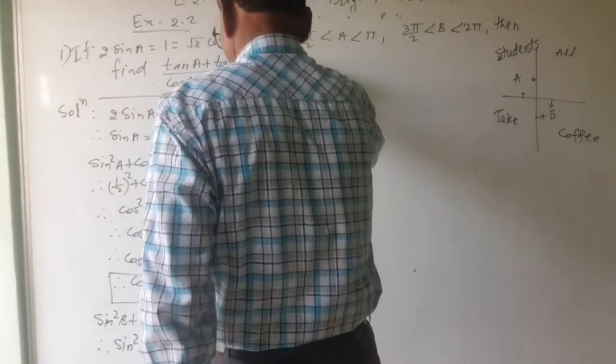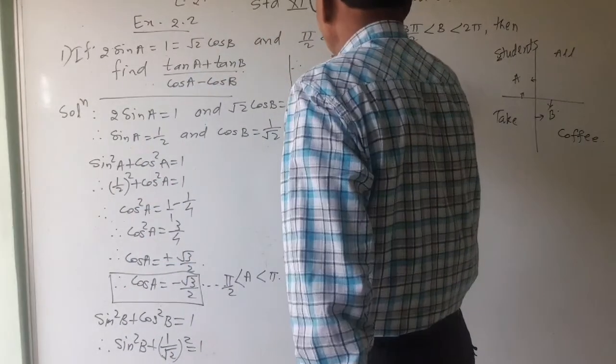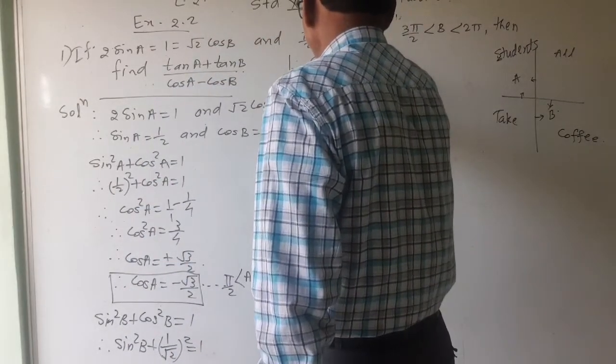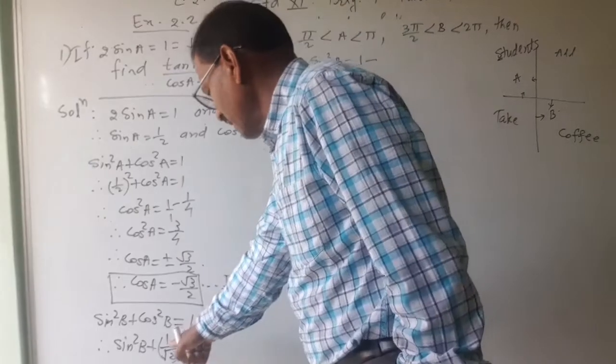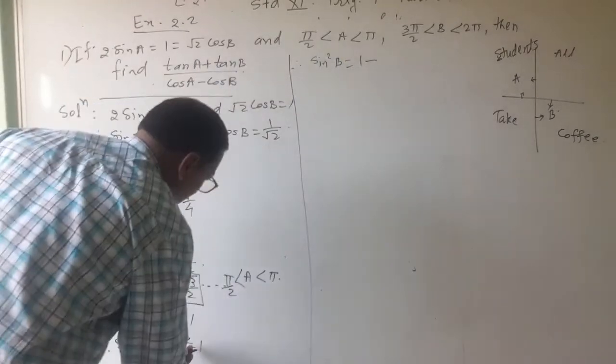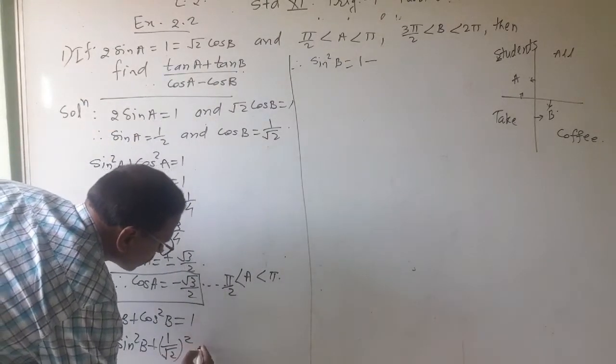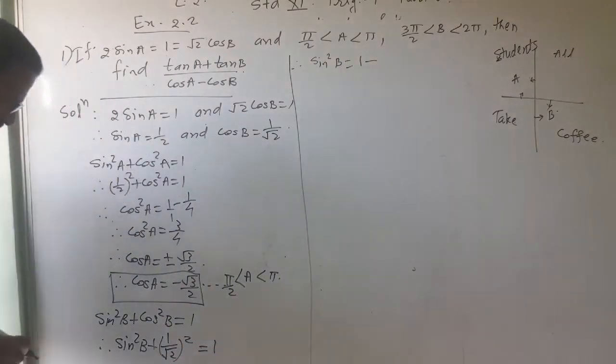Therefore, sin square B is equal to 1 minus the square of 1 upon root 2. I will write this properly, otherwise you will get confused.